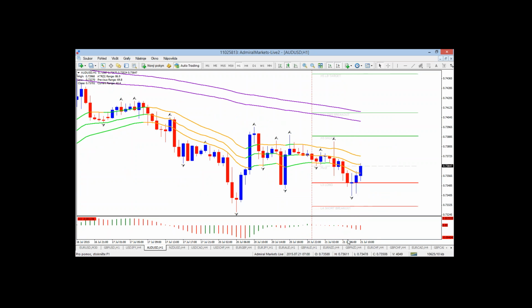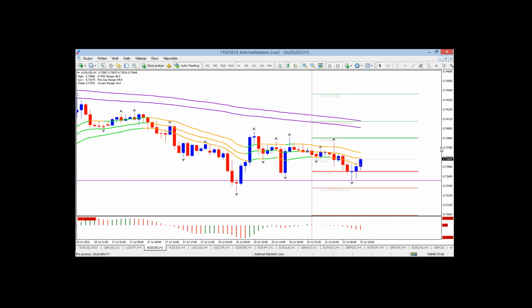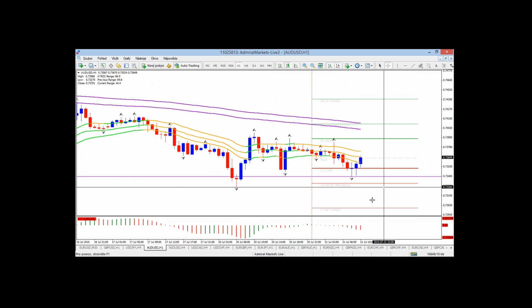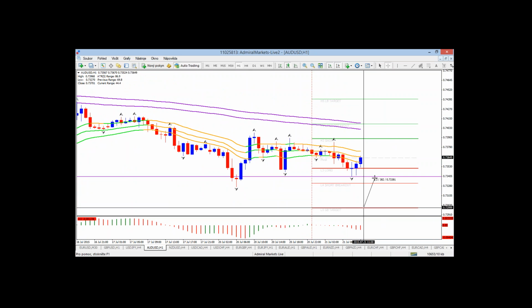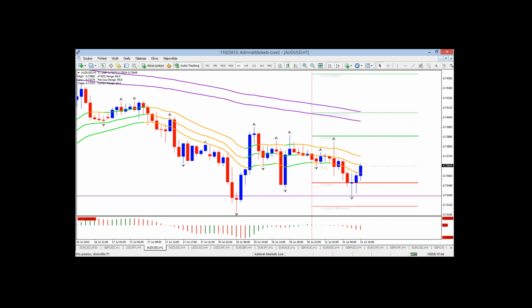So a push through this fractal would be a breakout trade down to L5 at least. Seems a bit small, probably could even aim for a bit more than that. Not much space. Aussie is not really a big mover.